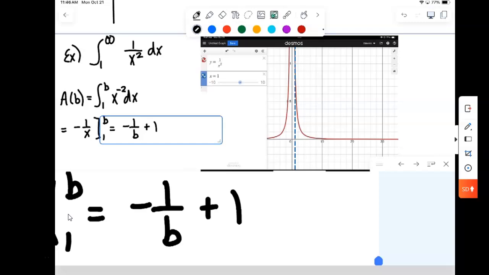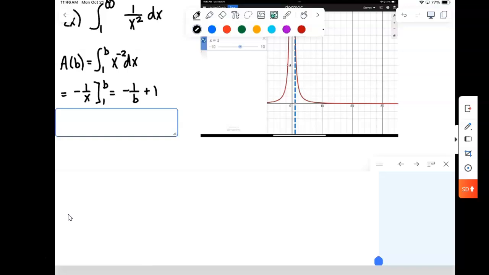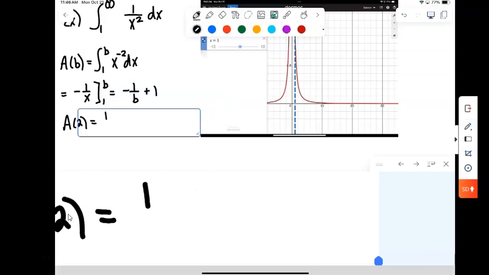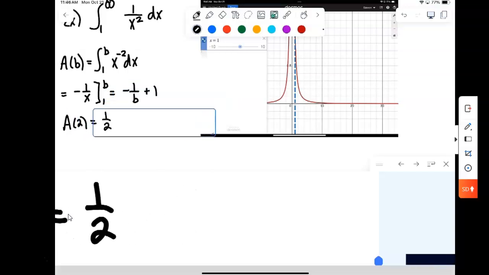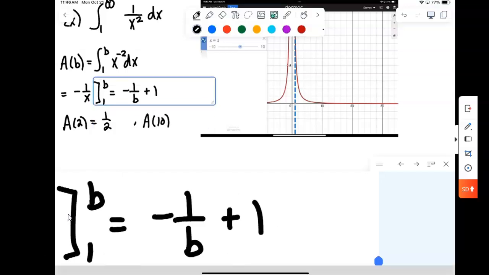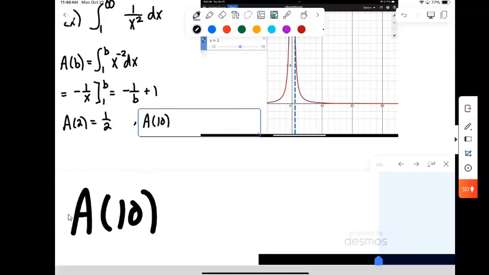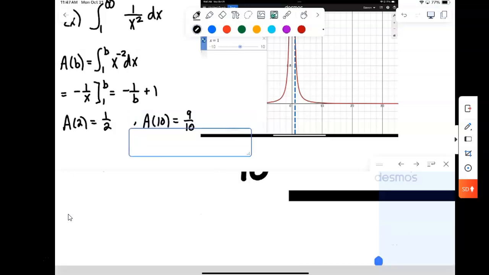So this is what the function looks like, negative 1 over b plus 1. Let's start computing this for some different values and see what happens. If we plug in 2, we'd have negative 1 half plus 1, which is 1 half. If we plugged in 10, that would be negative 1 over 10 plus 1, which is 0.9 or 9/10.